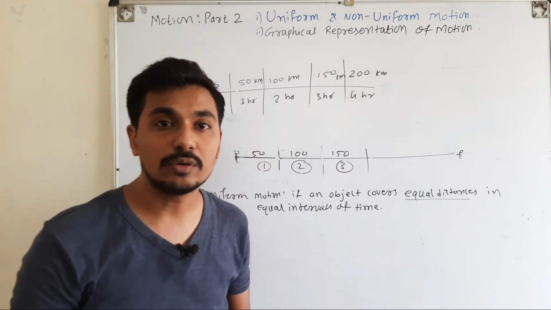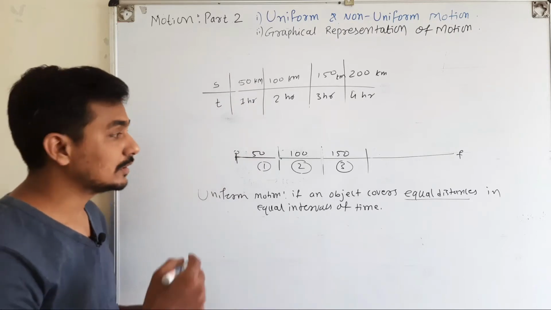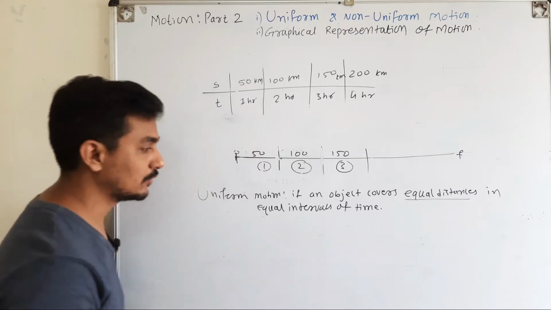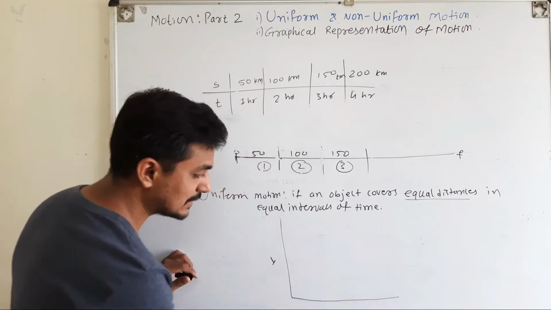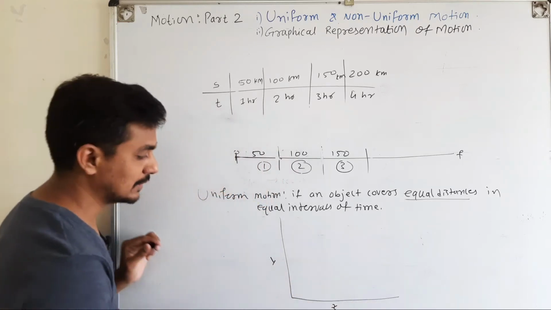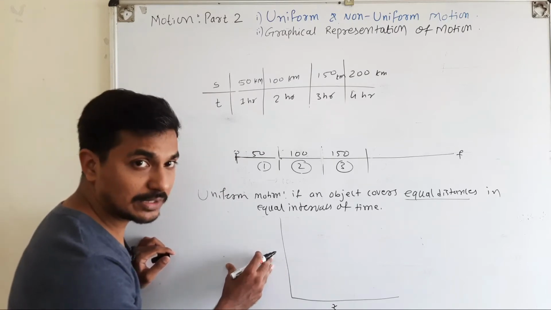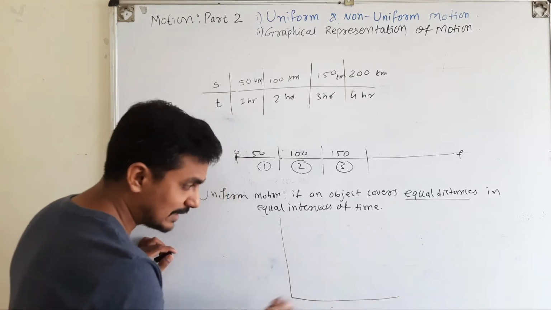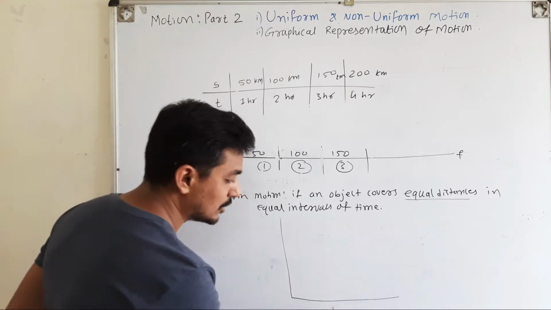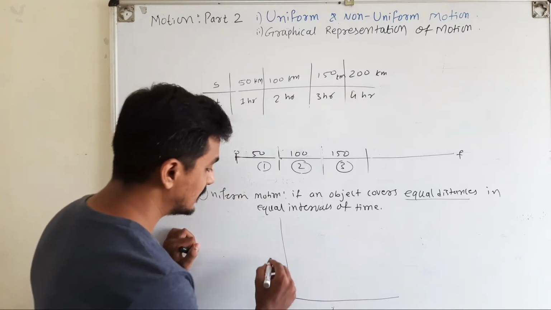Now let us look at this motion in the form of a graph. Suppose this is your y-axis and this is your x-axis. On the y-axis we generally represent either distance covered, velocity, or speed. On the x-axis we represent time, so there will always be time on the x-axis. Here the y-axis is distance covered.